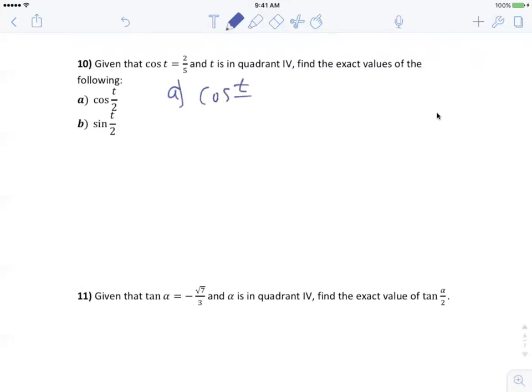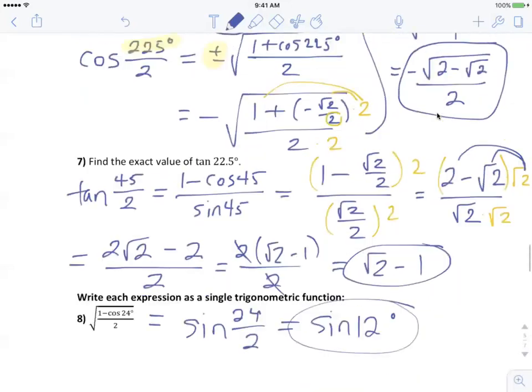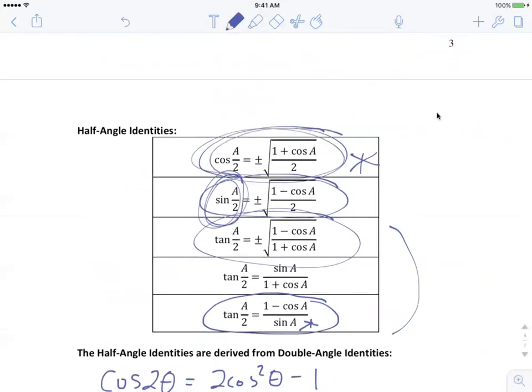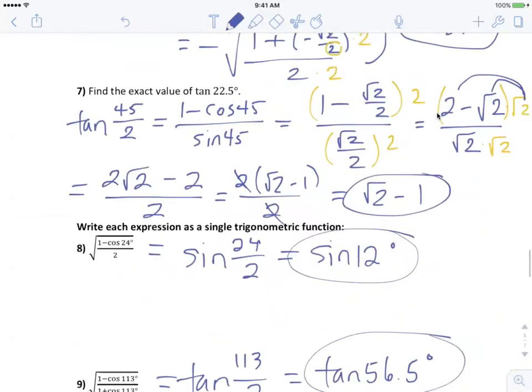Cosine of t over 2 is plus or minus square root 1 plus cosine t all over 2, right? So again, I'm just using that top identity. This one, just instead of A, I have t, okay? And then I'll figure out the plus or minus at some point.